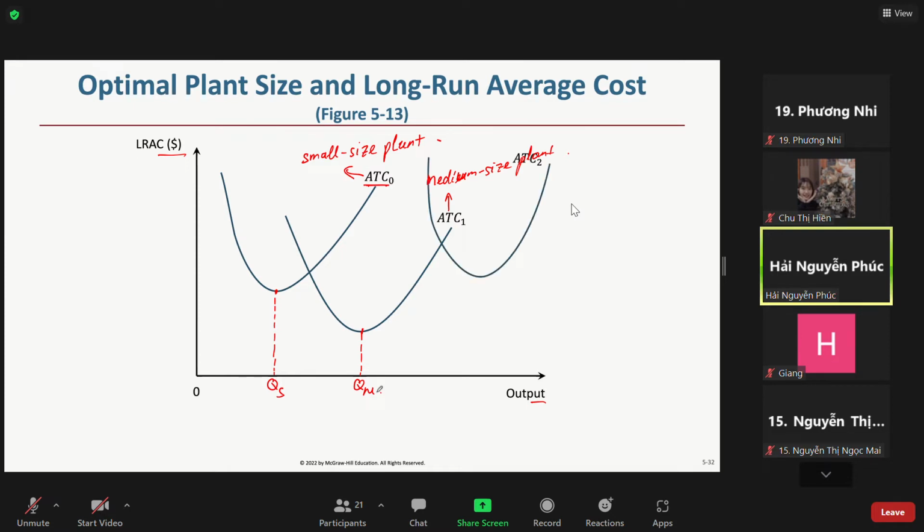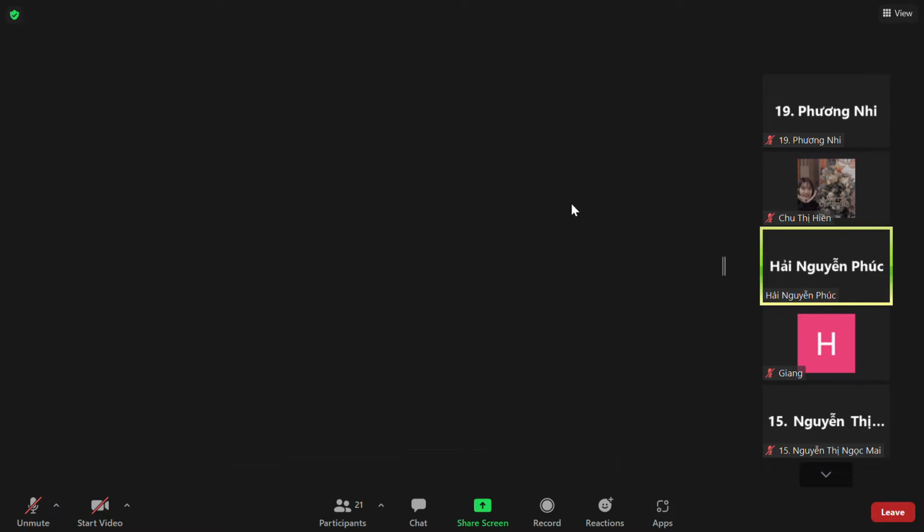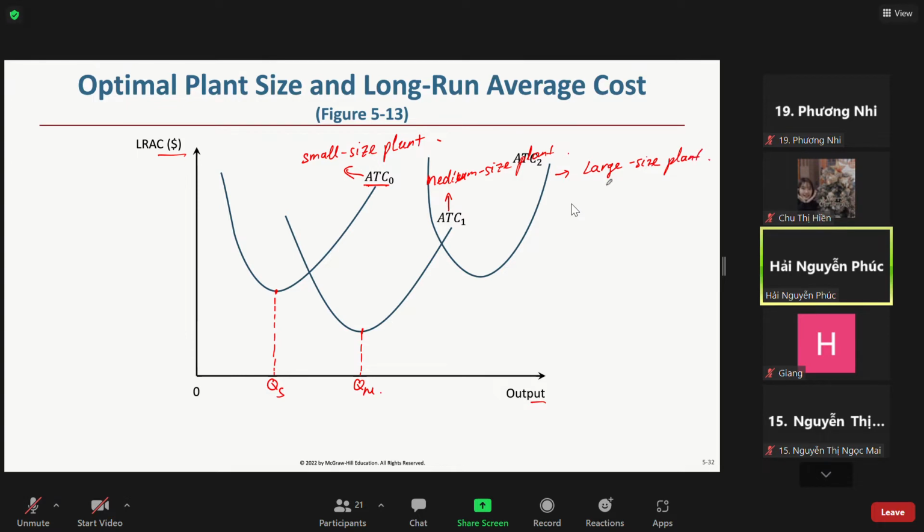The next curve, ATC2, is the short run cost curve for the large size plant. And at this minimum point, we have QL, the quantity that minimizes the ATC in the short run for the large size plant.